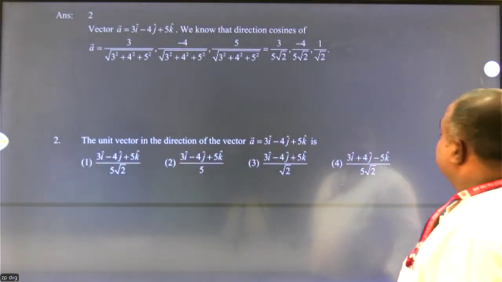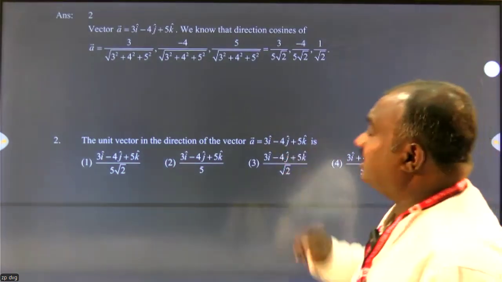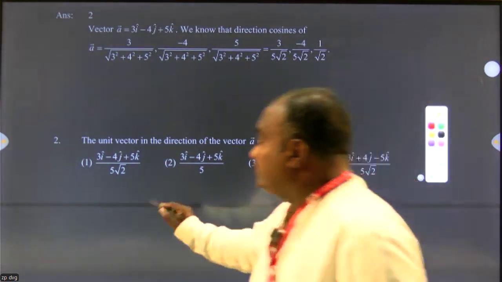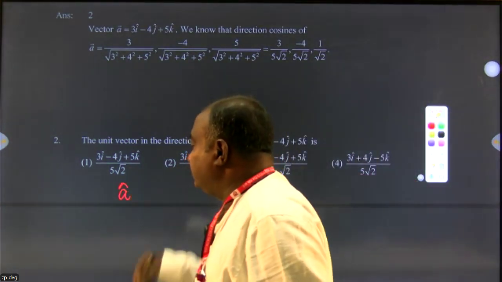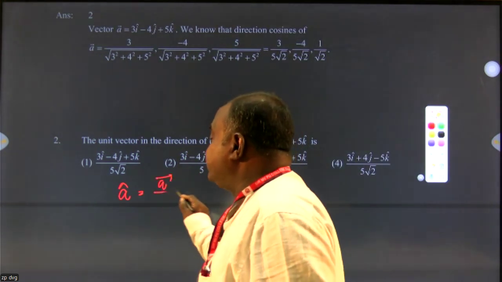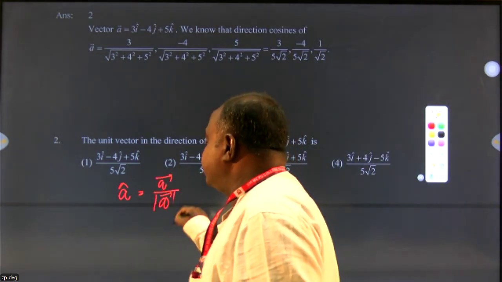How to find this? Just now we discussed, no? The unit vector in the direction of A bar is denoted by A cap, and A cap is equal to A bar by modulus A bar.